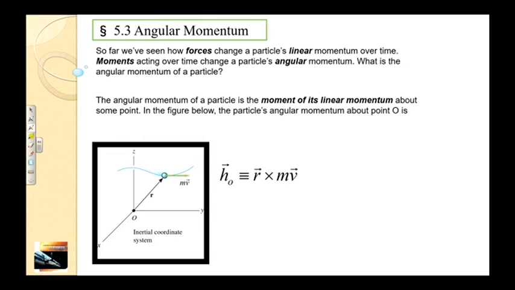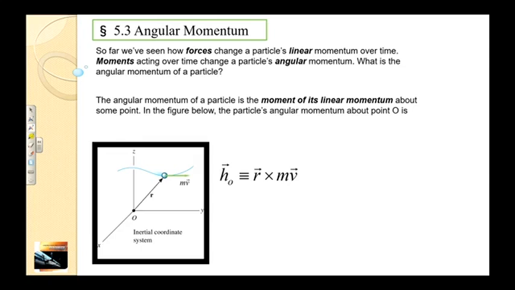This, r cross m v dot, we're going to show that this is the time derivative of our angular momentum. And it's not going to be that painful. We just need to go back to our angular momentum and figure out what it looks like.